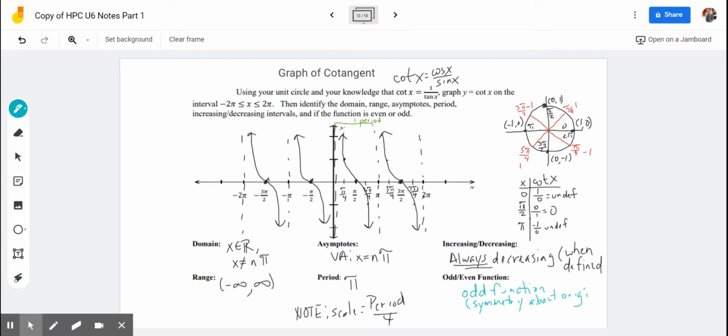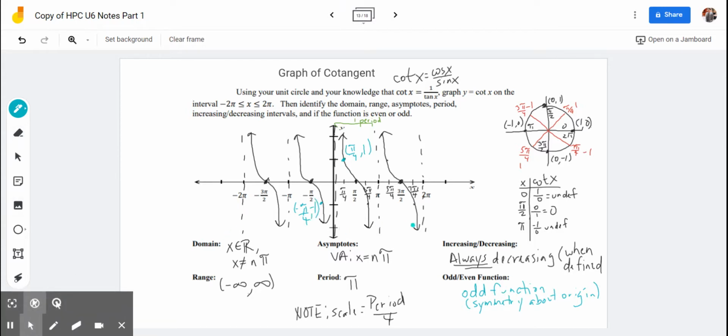And the way we could tell is if we have x, y, pi over 4, 1, we have negative pi over 4, negative 1 for that coordinate there, to show that there's going to be odd symmetry.